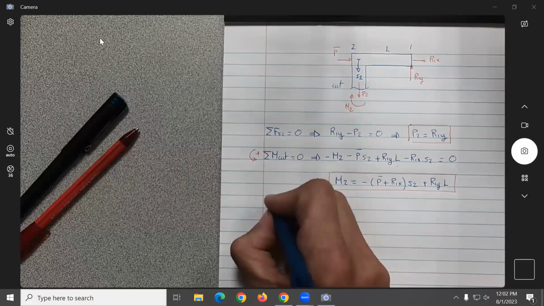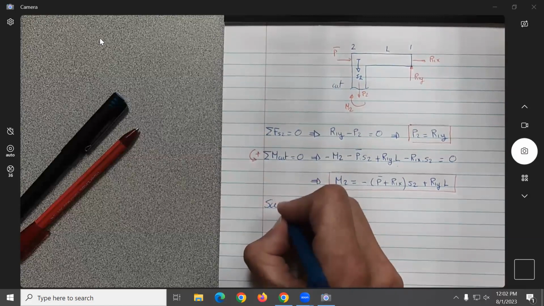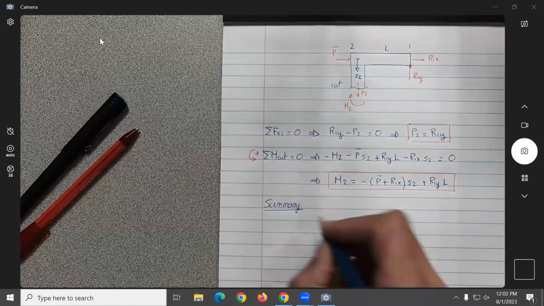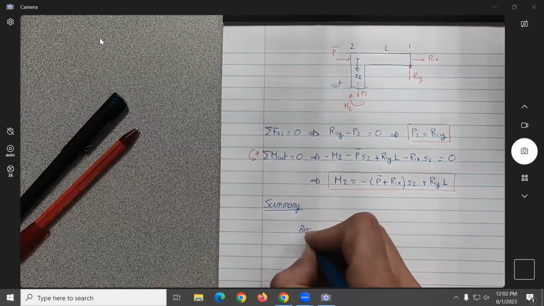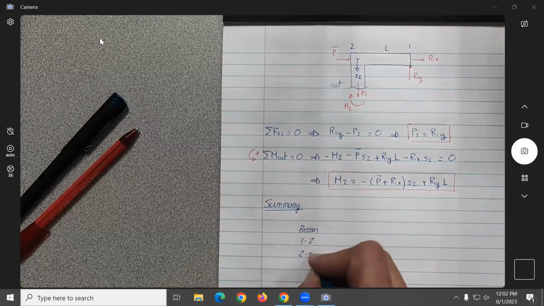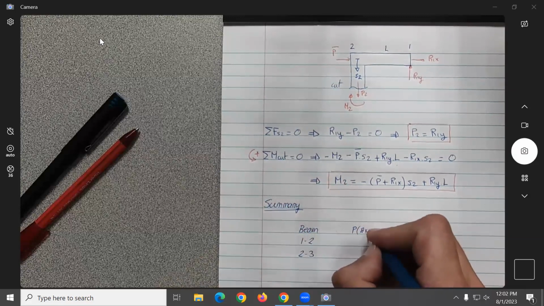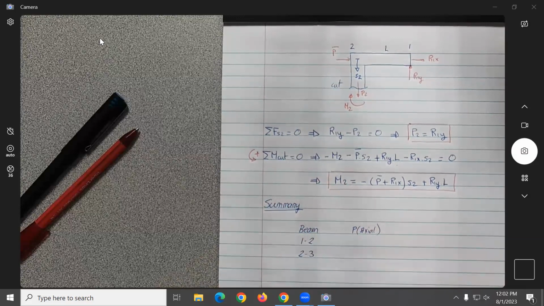Okay, so let's do a little summary like yesterday, but this one will be shorter. Let's say we have our segment or beam, 1, 2, 2, 3, with our actual force P. What do we have for segment 1, 2?